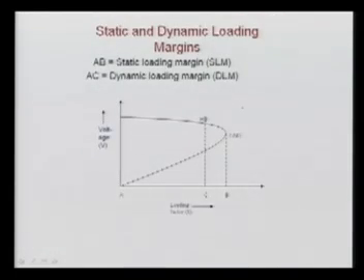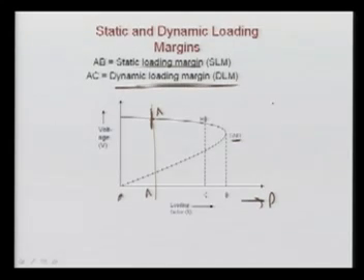So here again you can see this saddle node bifurcation, and if your system is loaded at this point, you are operating here at A, then this margin, this is P, and this is your voltage, so your AB is your static loading margin, and your AC is your dynamic loading margin.